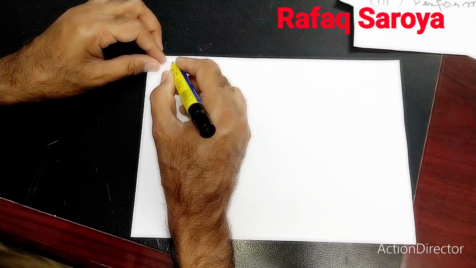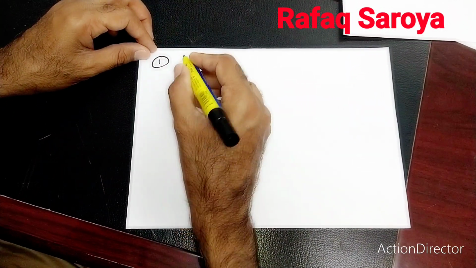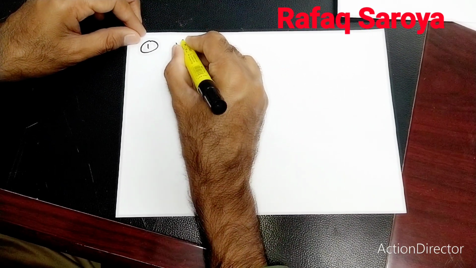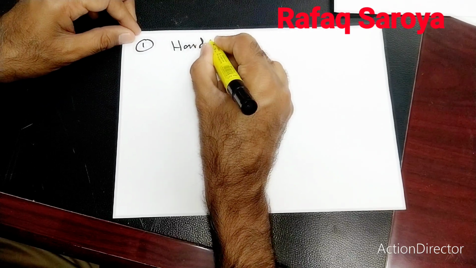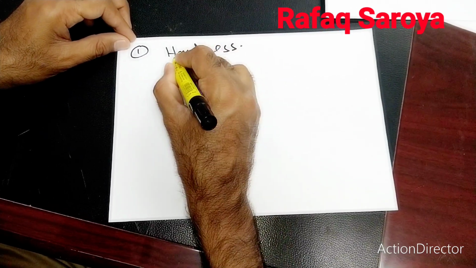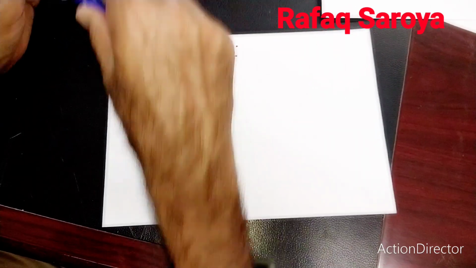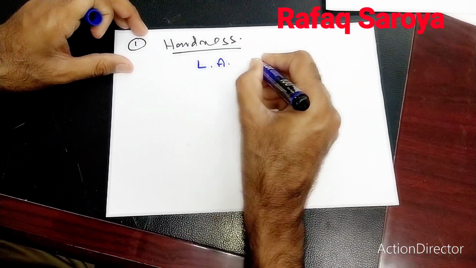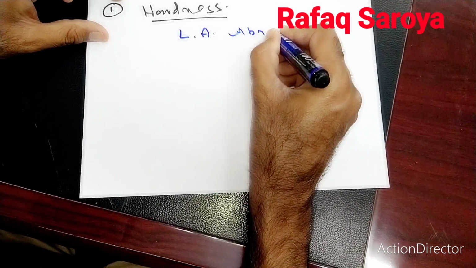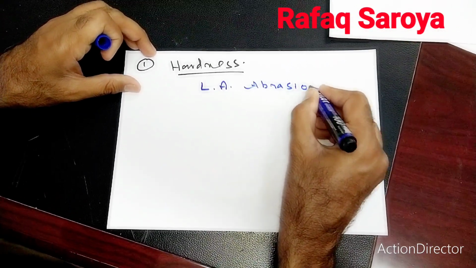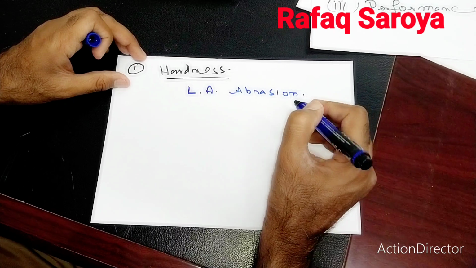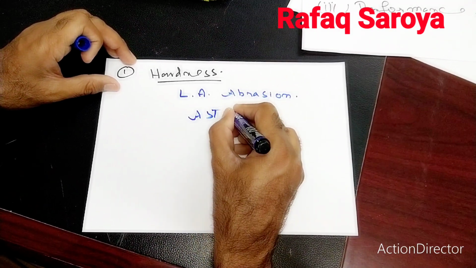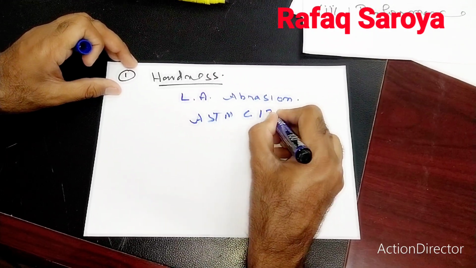The first property of the aggregate, which we have already explained, is hardness. This property of the aggregate is measured by Los Angeles abrasion, by the standard ASTM C131.